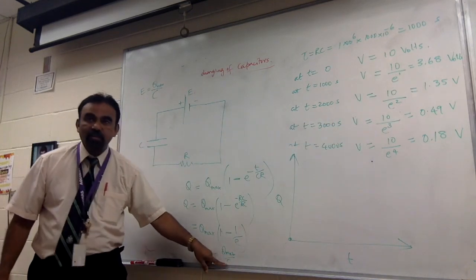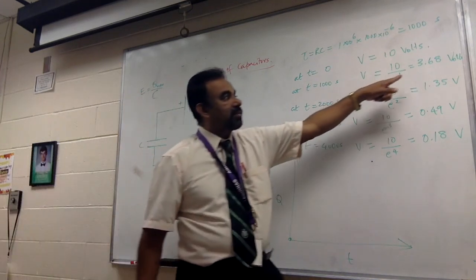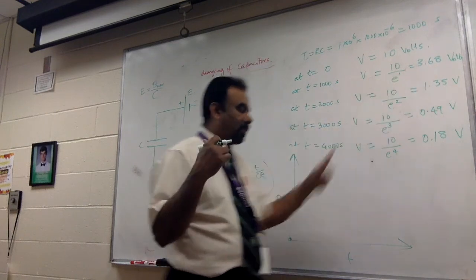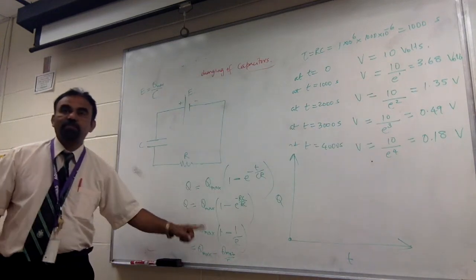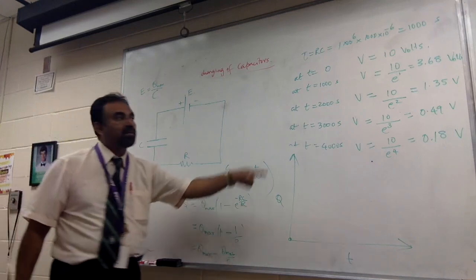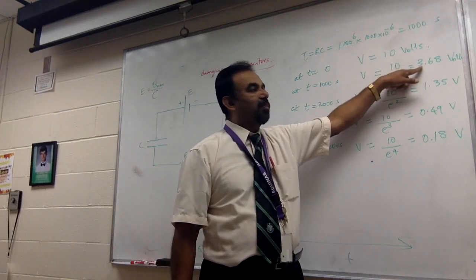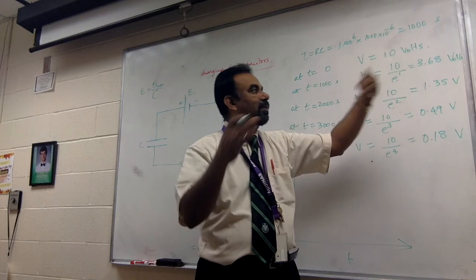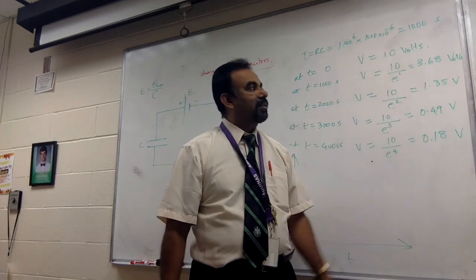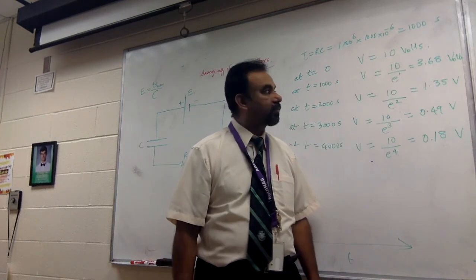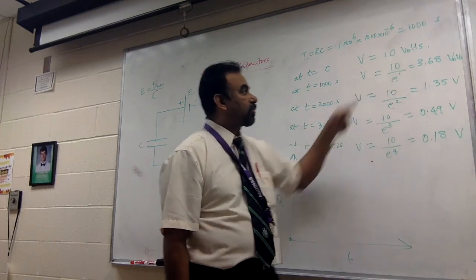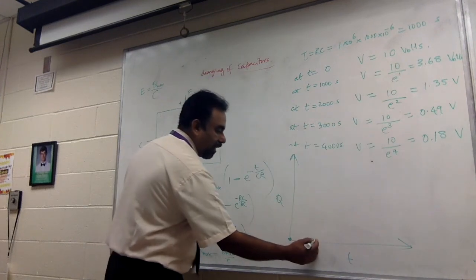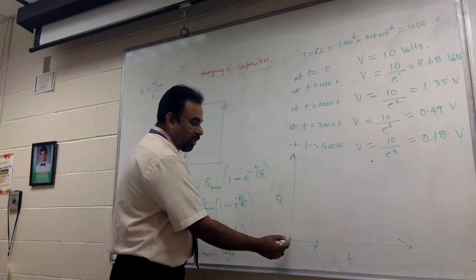Q max over e or V max over e is this one. But we are now talking about V max minus V max over e. So 10 minus 3.68. So it's going to be what? 6.32. Right? So in one time constant, the charge builds up.